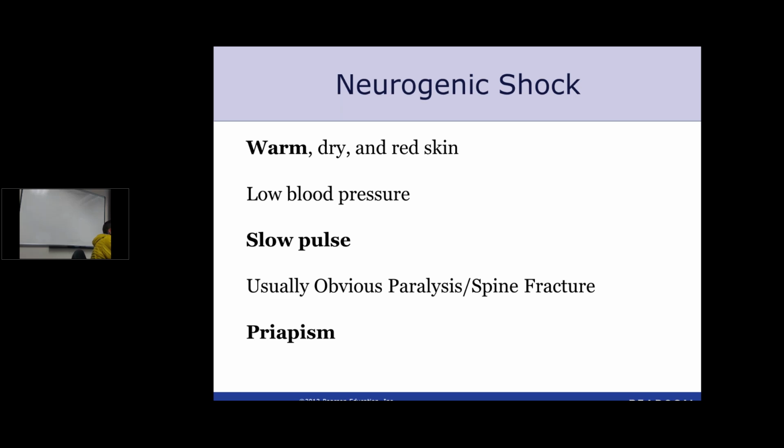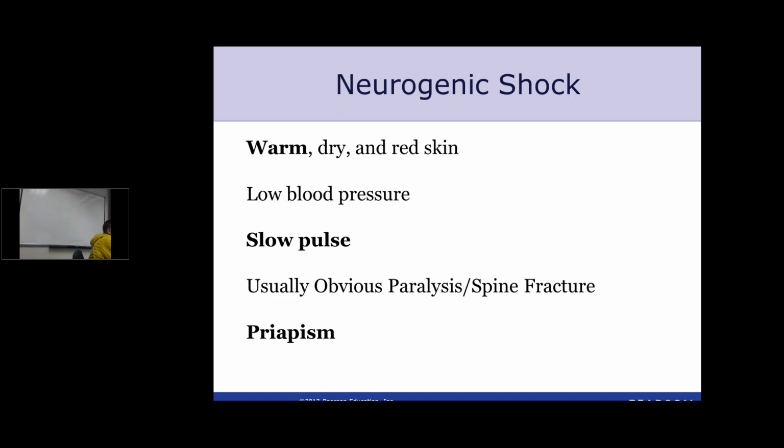That's very patient specific. You can pressure bag a patient and get their blood pressure up from 70 to 90 with a good 500 cc's, but that's going to be transient. Right? So his pressure will start to fall again unless you're controlling his bleeding.